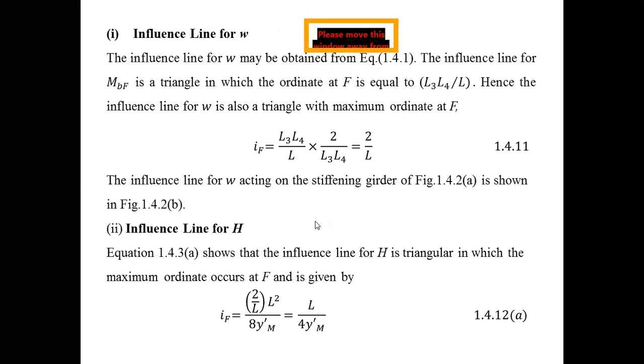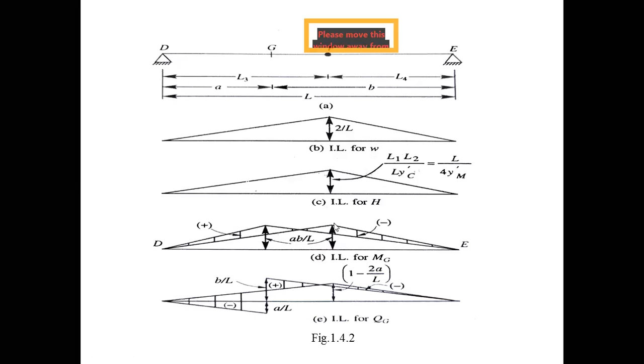So using these triangles, you can find the bending moment at any section. Once you know the ordinate, for W the ordinate is 2 by L, for H the ordinate is this one, and for bending moment the ordinates are ab by L in both cases at any particular point. Both are the same.